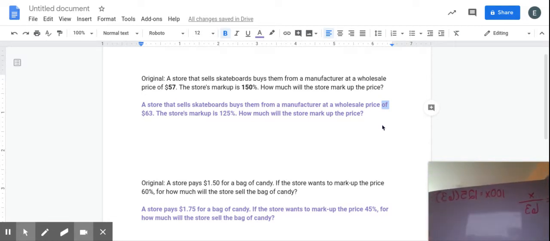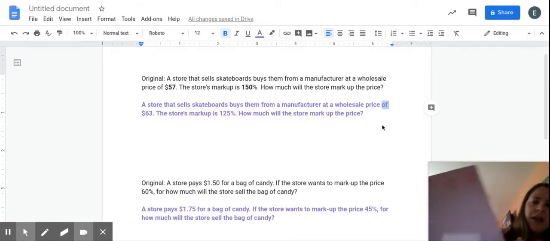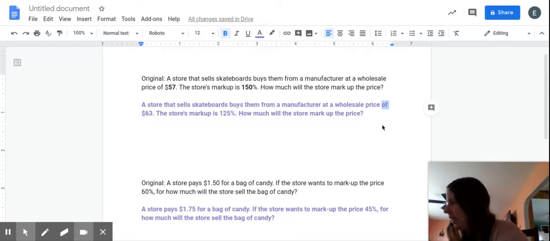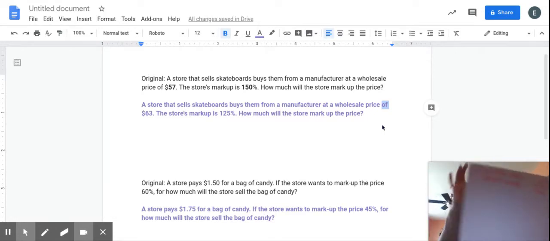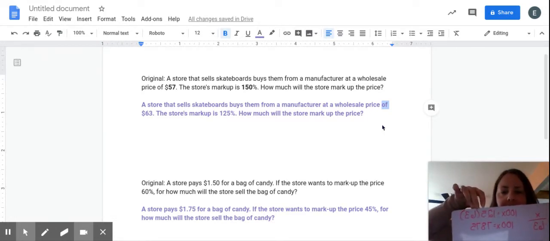I'm going to take my calculator and multiply 125 times 63, and I get 100x equals 7,875. You're not going to multiply these numbers.